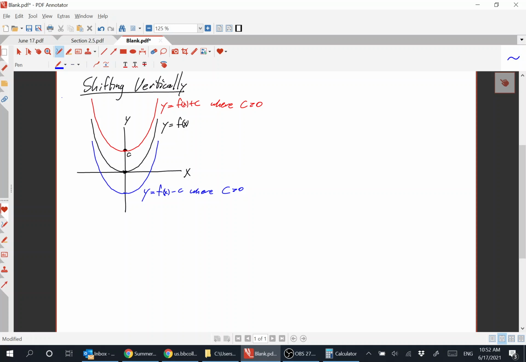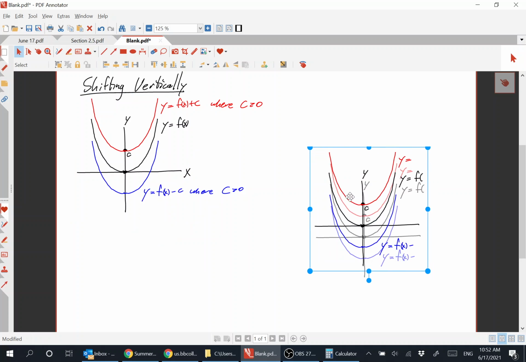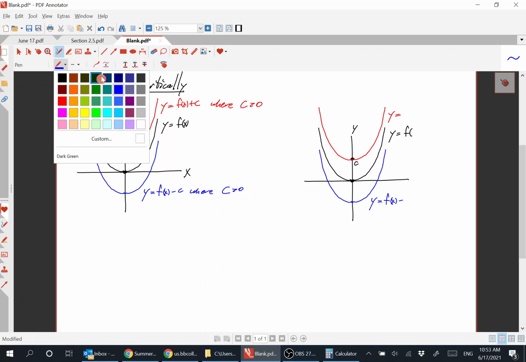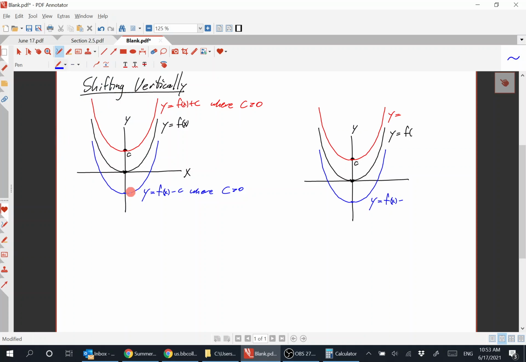So in this picture, what we actually have is, right, this is the graph y equals x squared.